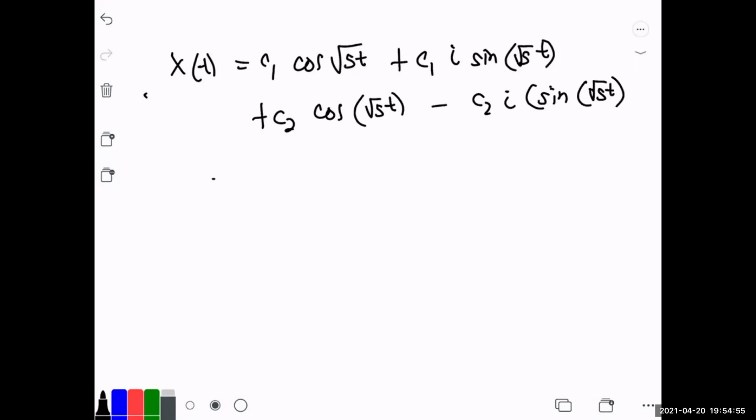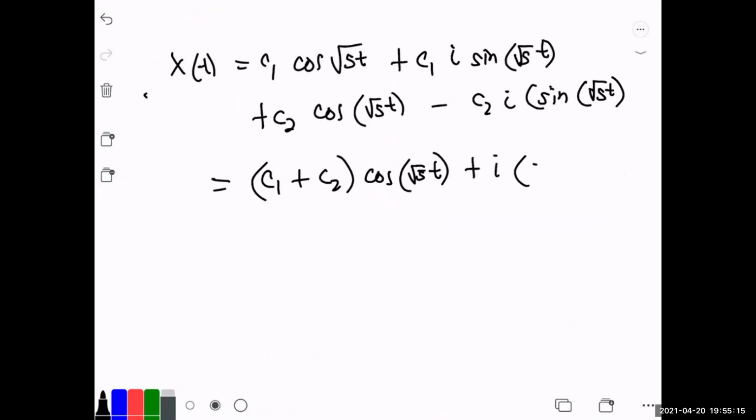All right, so when we rearrange this, it will be c sub 1 plus c sub 2 cosine of square root of 5t plus I c sub 1 minus c sub 2 sine of square root of 5t.